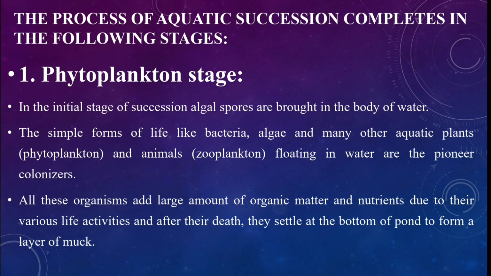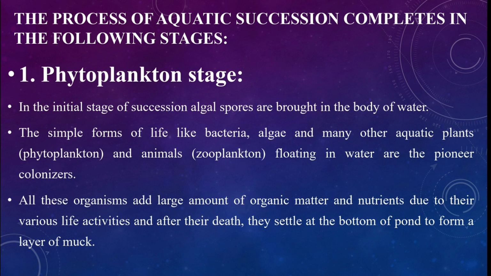Okay. What are the different stages which are involved in hydrosere? At first, phytoplankton stage. So, in the initial stage of succession, algal spores are brought into the body of water. The algal spores enter the aquatic body.